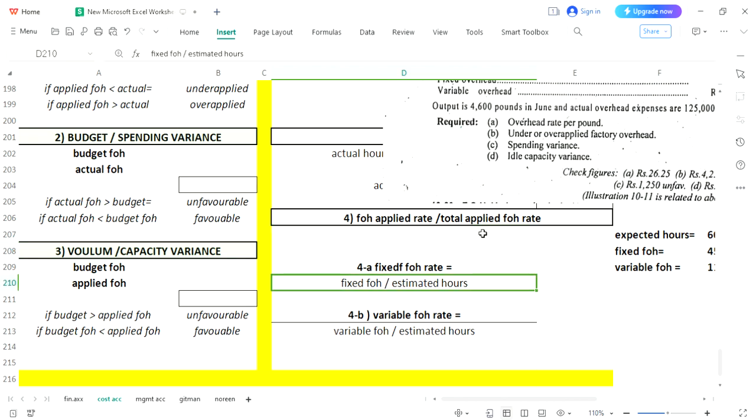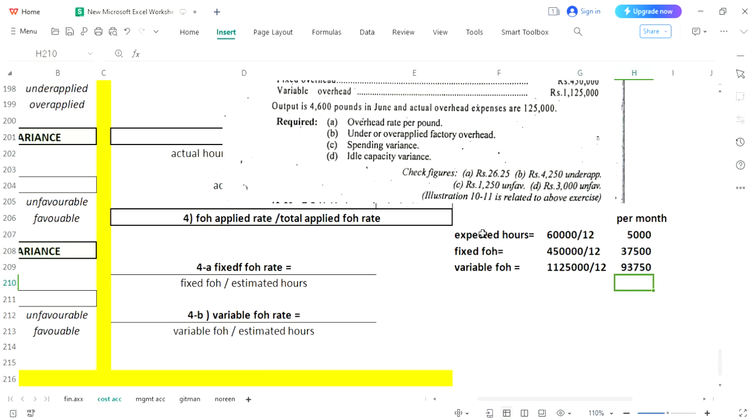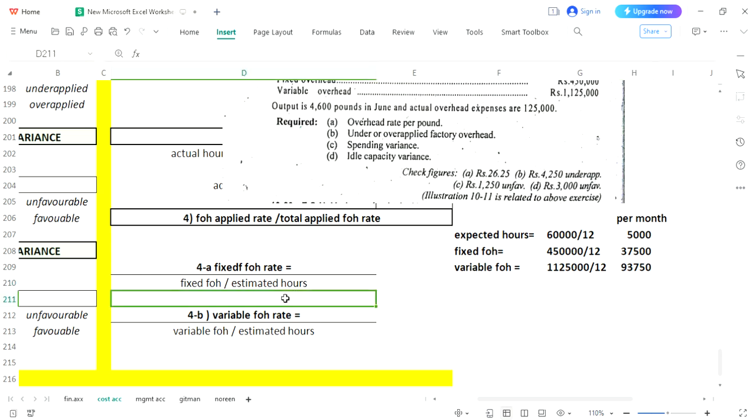For that you need fixed FH, and here you had 4,50,000 per annum. We have changed it to per month. You will use the per month amount, that is 37,500 as your fixed FH.